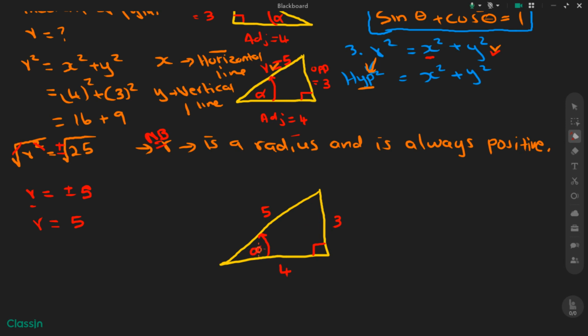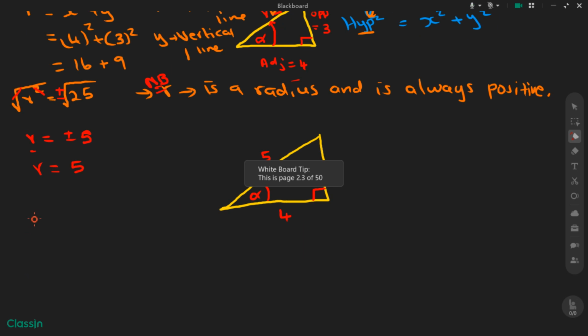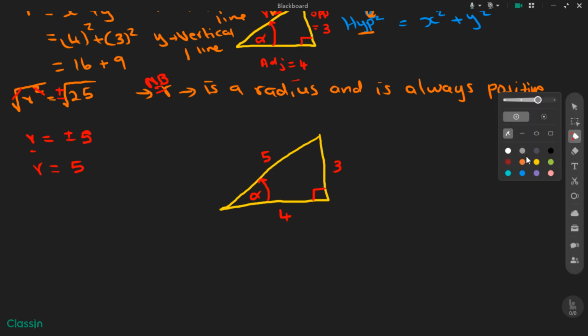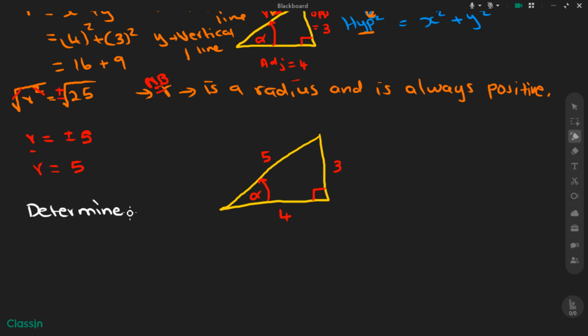Now, here we check what the question was. The question was: determine cos squared alpha minus sine alpha without using a calculator.